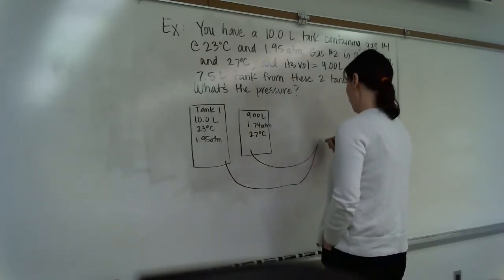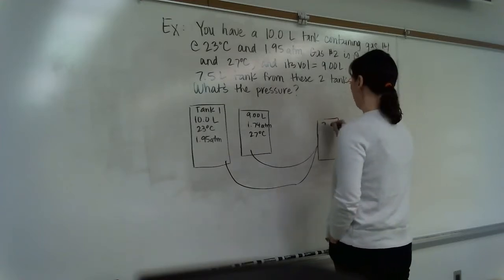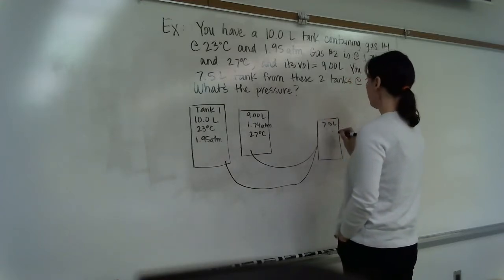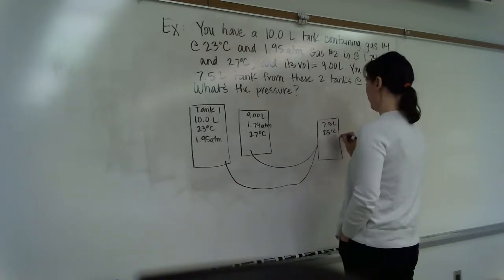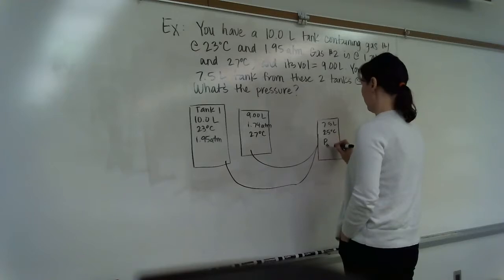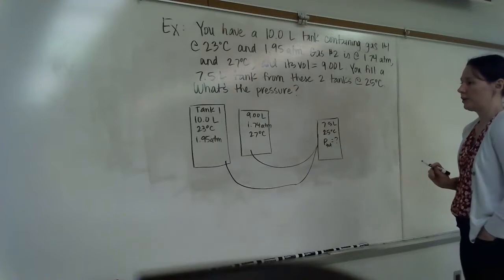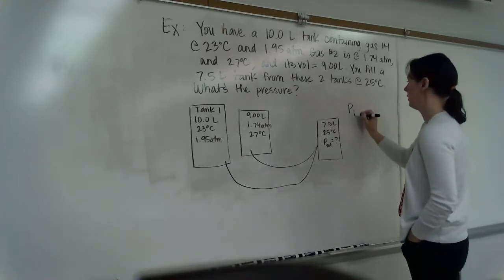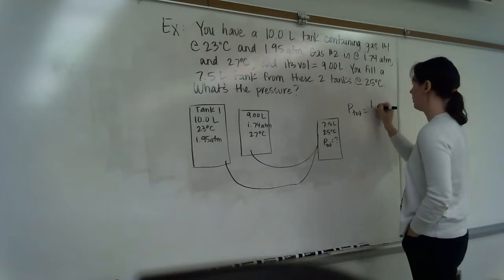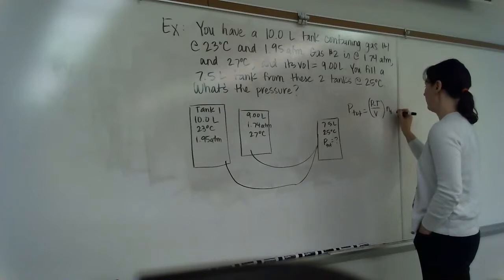We're going to pump them into tank number 3, which is 7.5 liters, and it is at 25 degrees Celsius, and we want to know the pressure. Okay, so P total is equal to RT over V times n total.